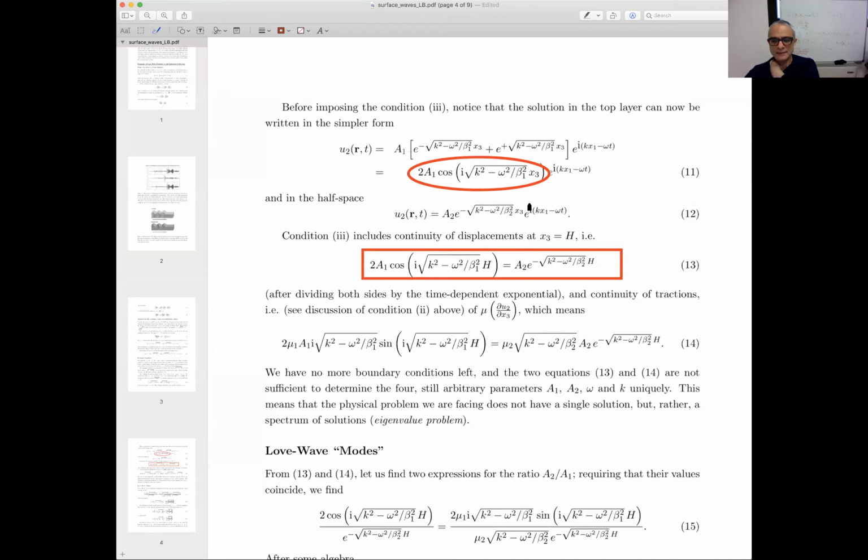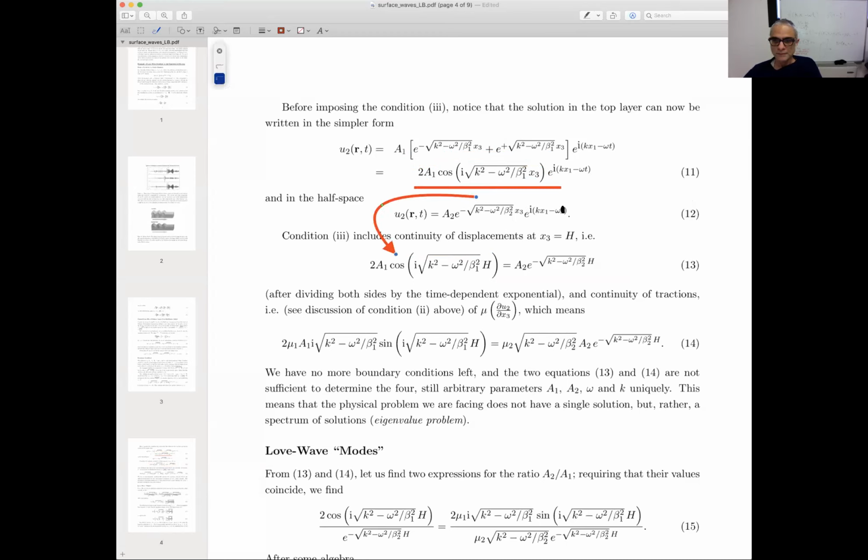At the right-hand side, we have the displacement below, and they have to coincide because that's what the boundary condition is telling us, right? So here we go. Somehow A1 and A2 must verify this relationship. And here I'm really skipping all the math because it's just heavy.